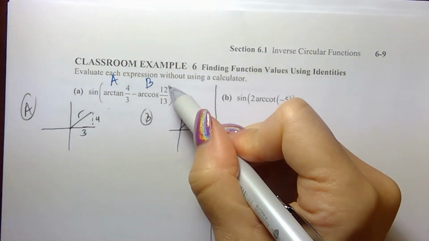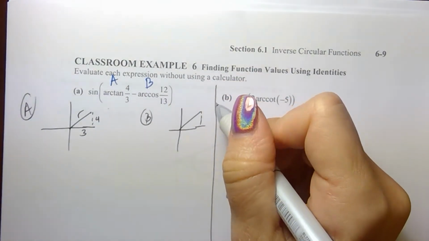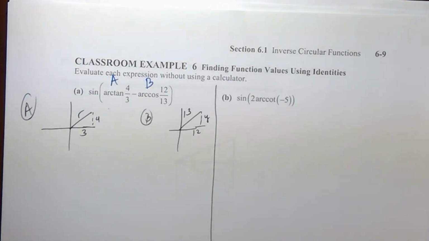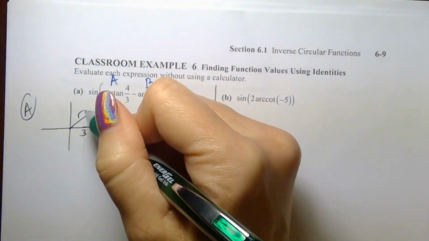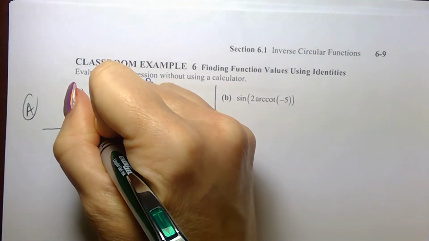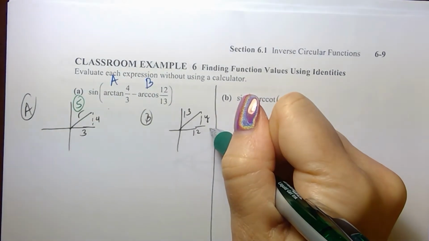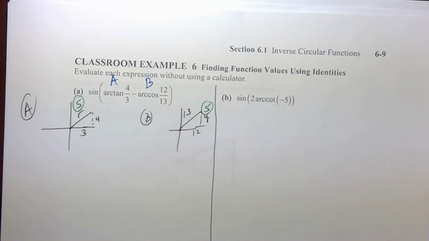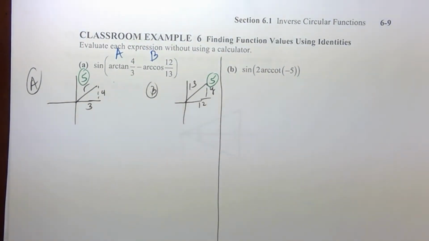For B, cosine is 12 over 13. Cosine is x over r, so that is 12 and 13, and I'm looking for y. Using the Pythagorean theorem, I discovered that for angle A, r would be 5, and for angle B, y would be 5 as well. That's just a coincidence. That is not something you need to expect to happen every time.